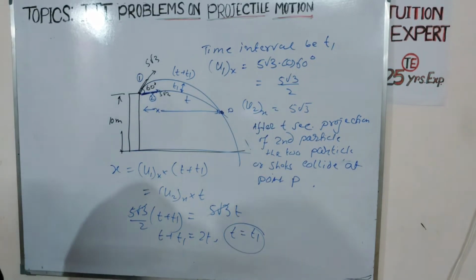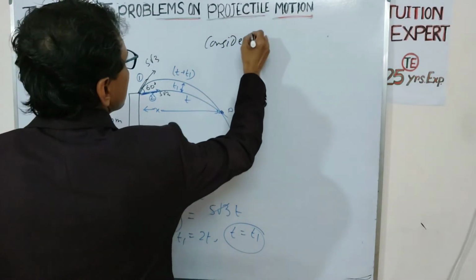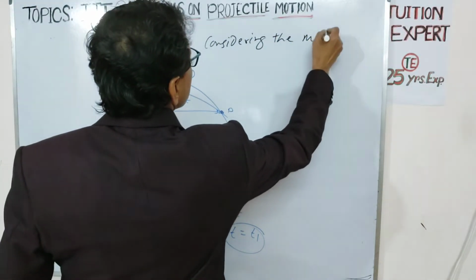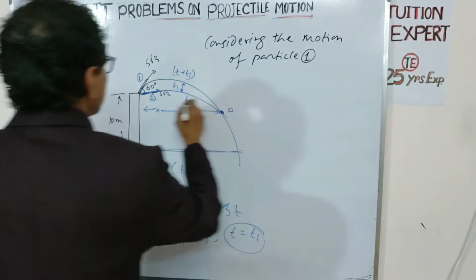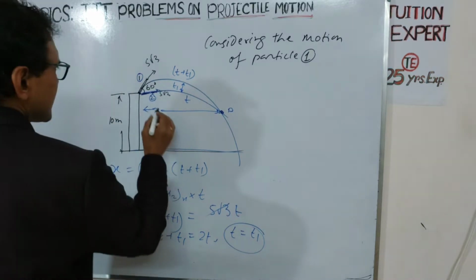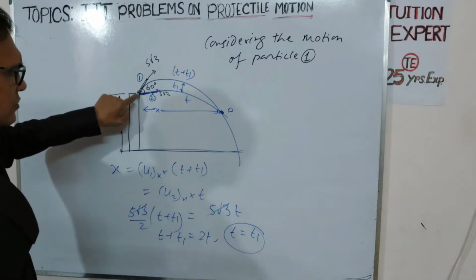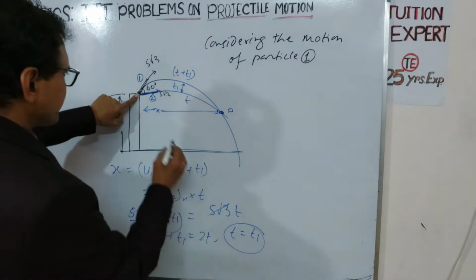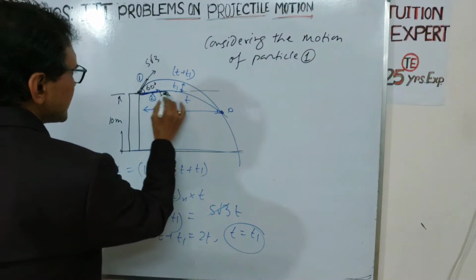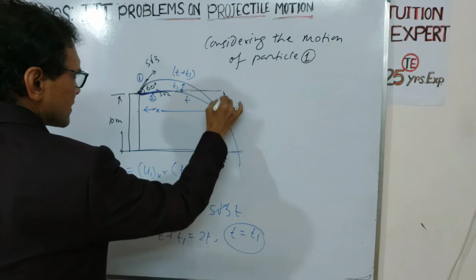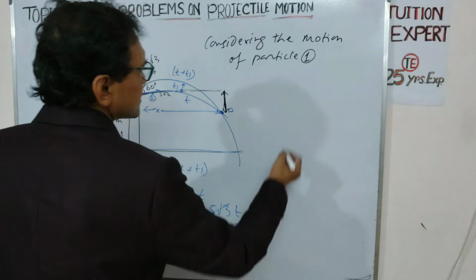Now considering the motion of particle 1, the point of projection of the two particles 1 and 2 is the same, and the vertical displacement of particle 1 and particle 2 is also the same, this is h.